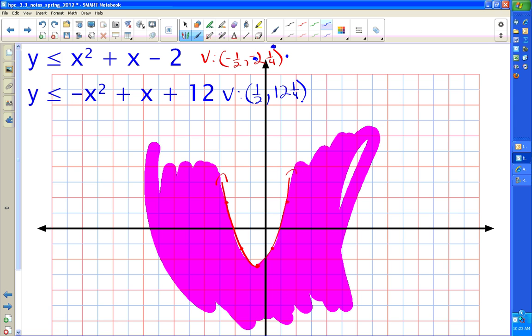And left 2 down. So your graph's going to look like this. How about 0, 0? That's true. So this one's going to shade on the inside.